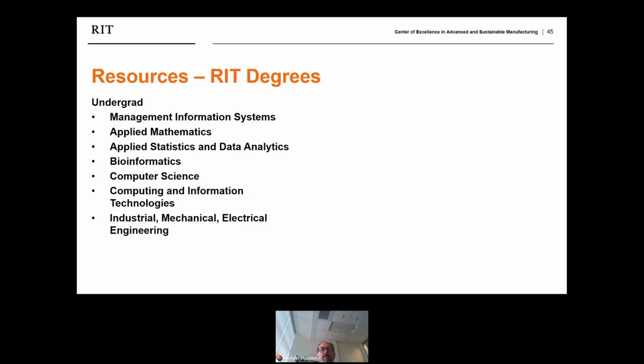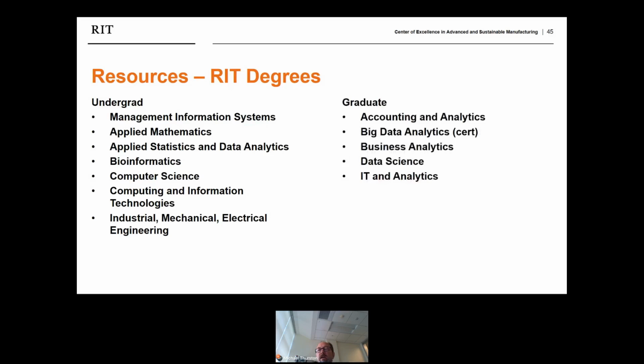You may obviously have a number of engineers in your business, and they can be trained to do this. At the graduate level, you can see that there are programs, and again, these are RIT programs directly related to data analytics, and that's another option for training your current staff, getting an advanced degree or supporting them through an advanced degree.